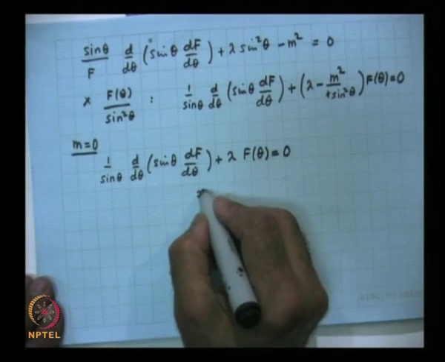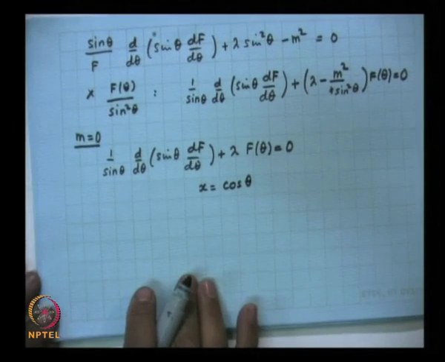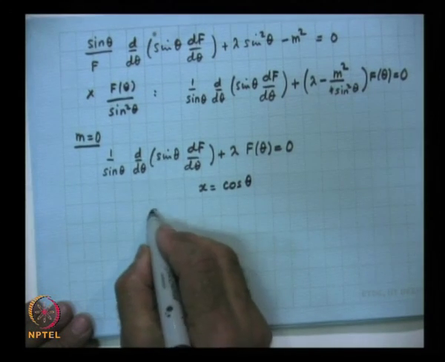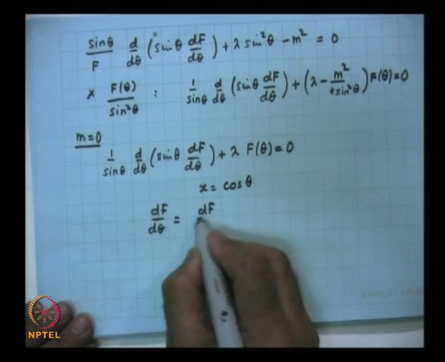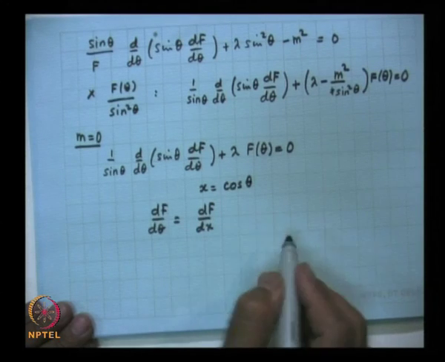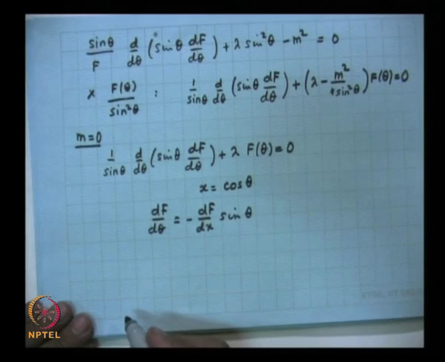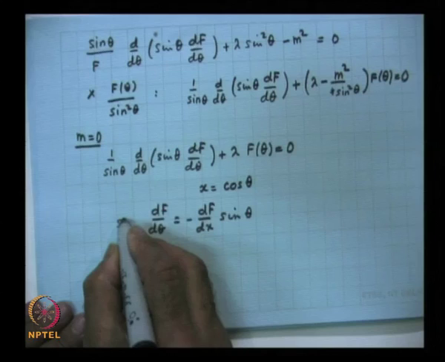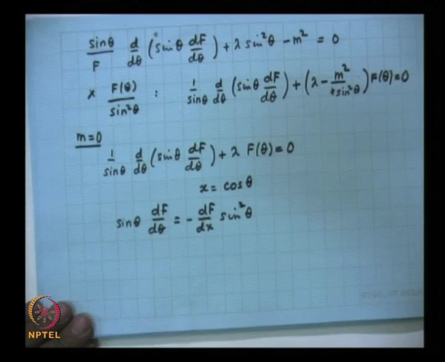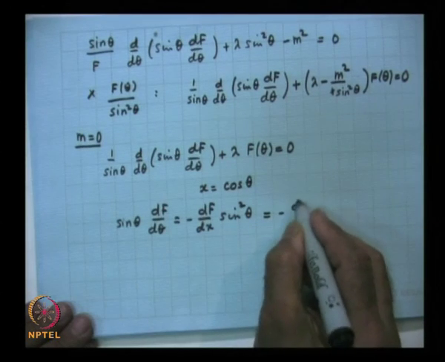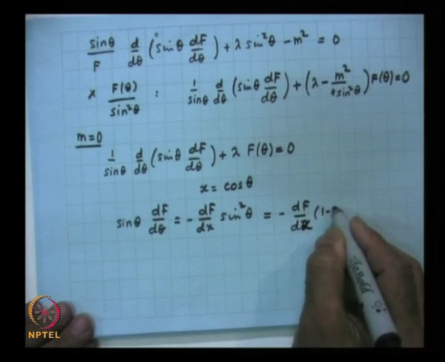Now, I introduce a new variable x, which is defined to be equal to cos theta. So, I write this in terms of this. So, df by d theta will be equal to df by dx times dx by d theta, that is minus sin theta. So, if I multiply by sin theta, then this becomes sin square theta, and that is equal to minus df by dx times 1 minus x square.